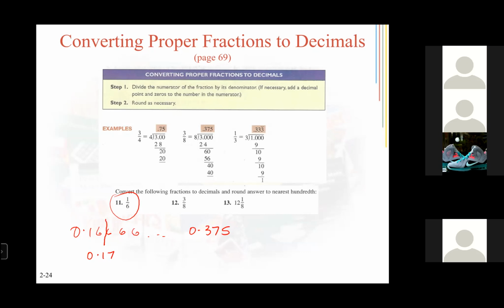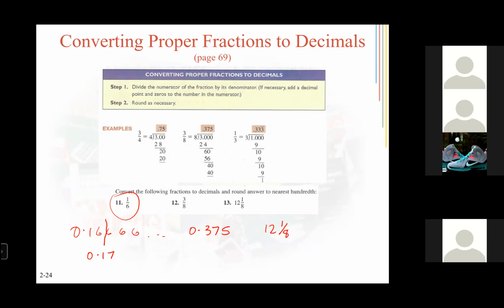We want to change that to a decimal. What are we going to do? Changing 12 1/8 to a decimal, you just have to divide the 1 by the 8.